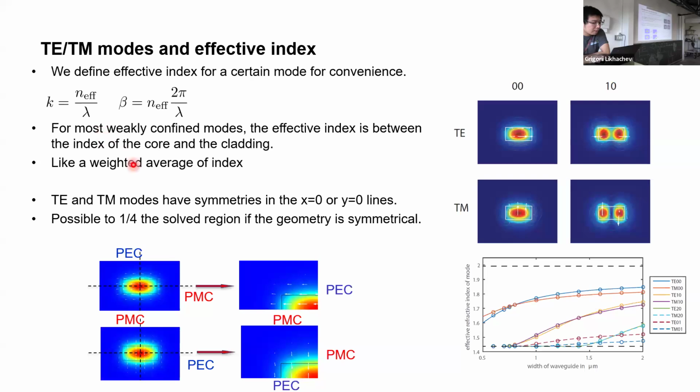You should just consider that if you have a bulk, a uniform material where you are not really confining the light, then the effective index is basically just the index of the material itself. Also, as a rule of thumb, it's not always true, but for most weakly confined modes, unless you really engineer some crazy structures, the effective index of the mode is usually between the index of the waveguide core and the cladding.